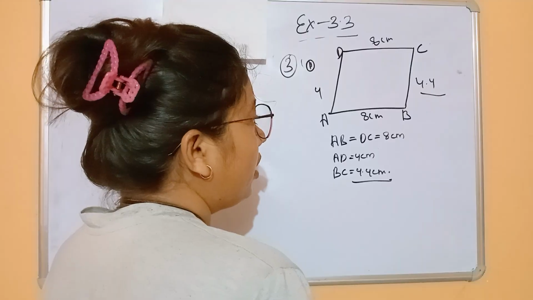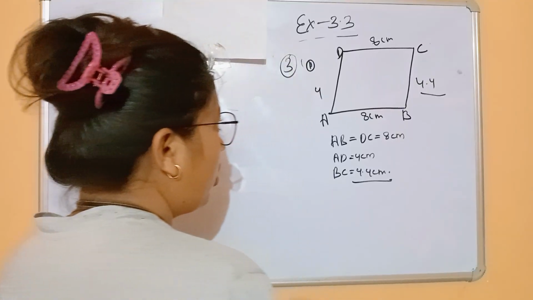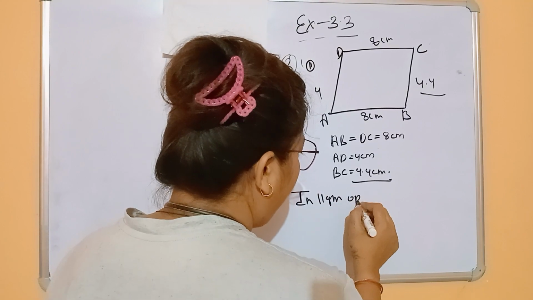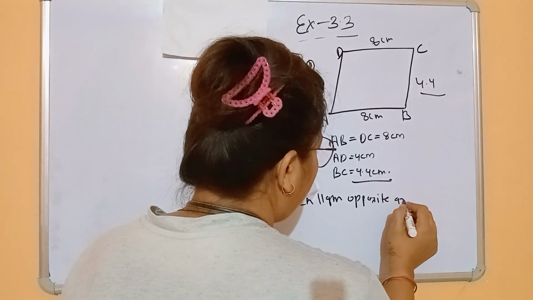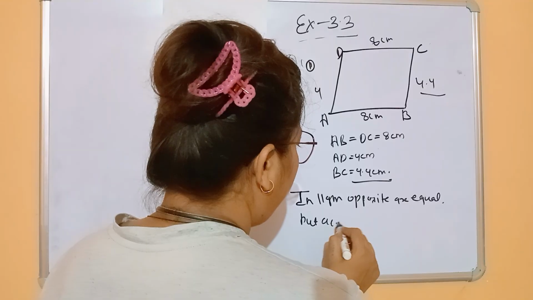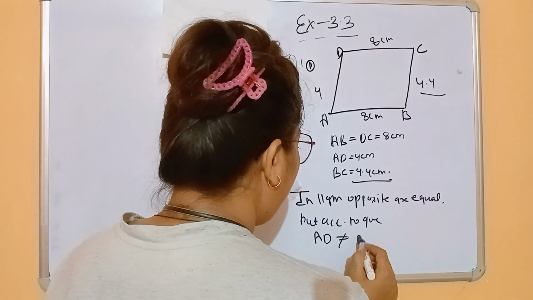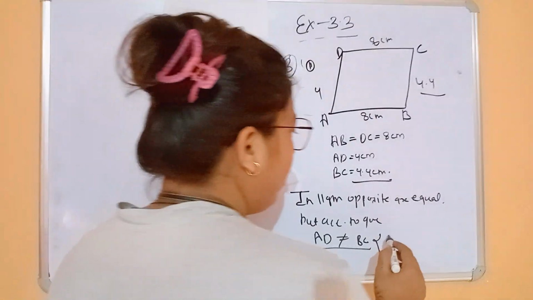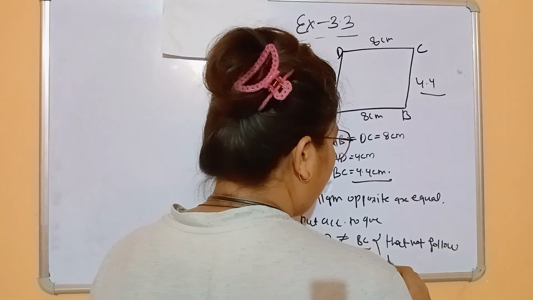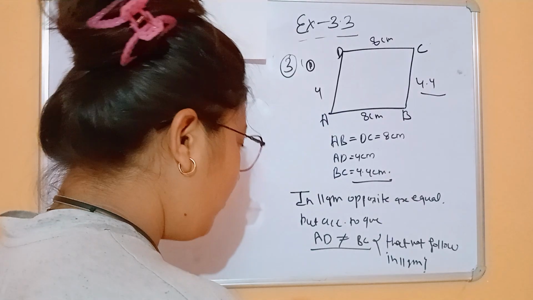So you can write in your answer: in a parallelogram opposite sides are equal, but according to the question AD is not equal to BC. That's not following a parallelogram.